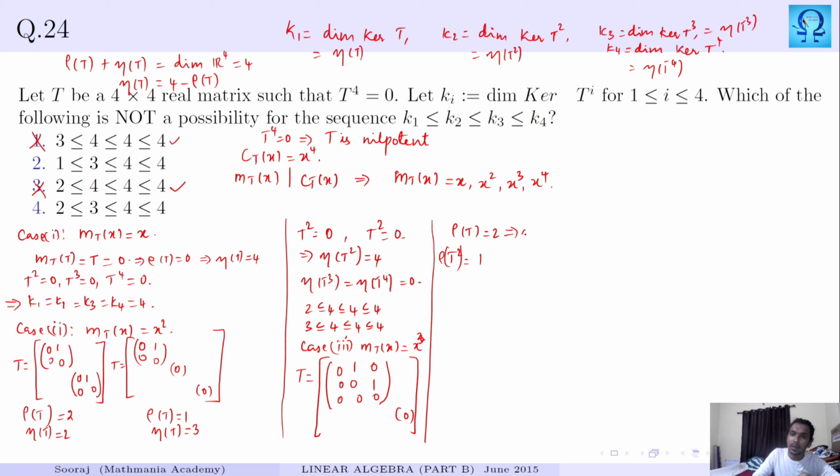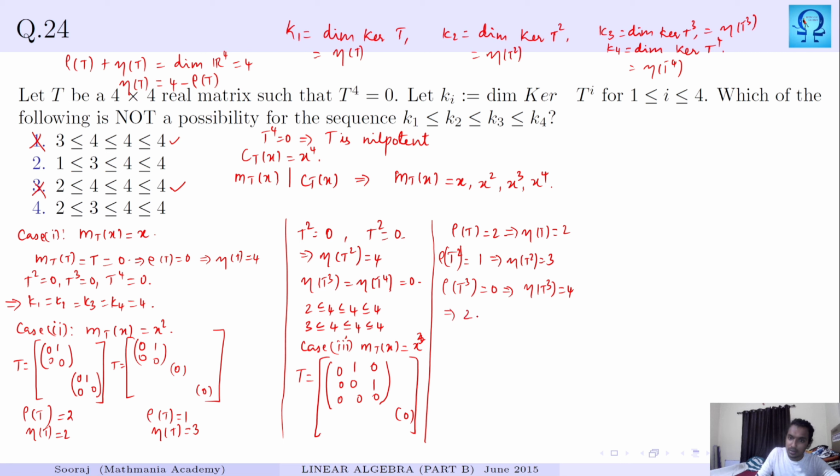Which implies nullity of T is 2. In this case nullity of T square is 3, and when you proceed further, this is going to give us an entry in this position, and we do not have anything in the third row, therefore T cube will be 0. Rank of T cube is 0, hence the nullity is 4.